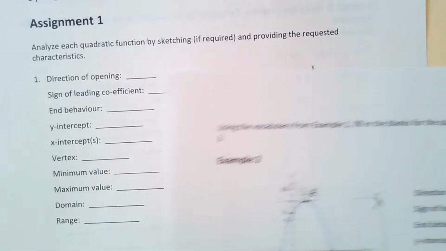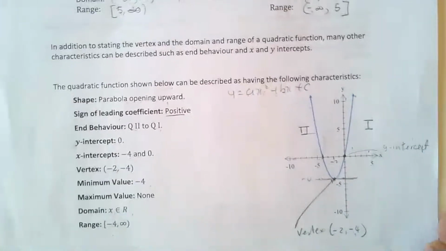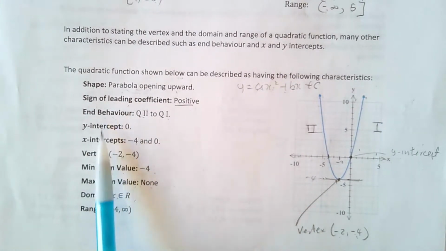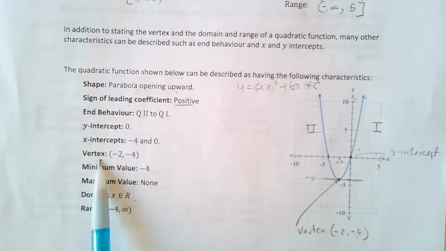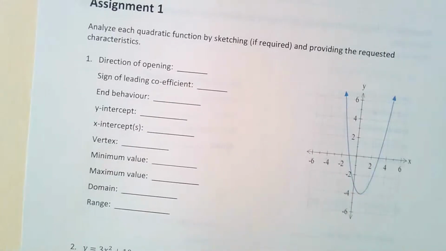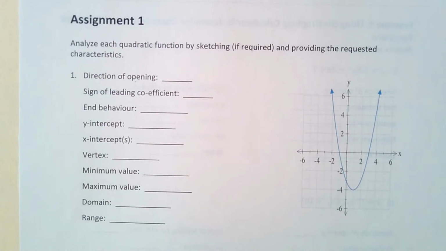Then we looked at the characteristics of a quadratic function in terms of the shape, leading coefficient and end behavior, y-intercept, x-intercept, vertex, minimum or maximum value, domain and range. Your assignment is assignment 1 on page 8. Next lesson, we'll be looking at quadratic functions when you're given the equation.